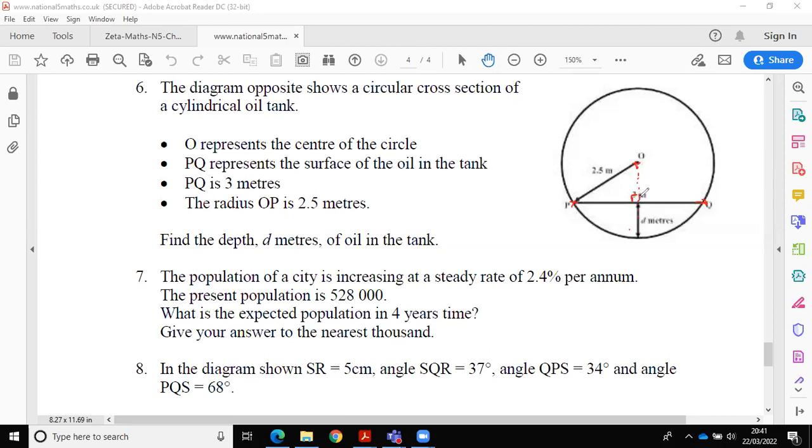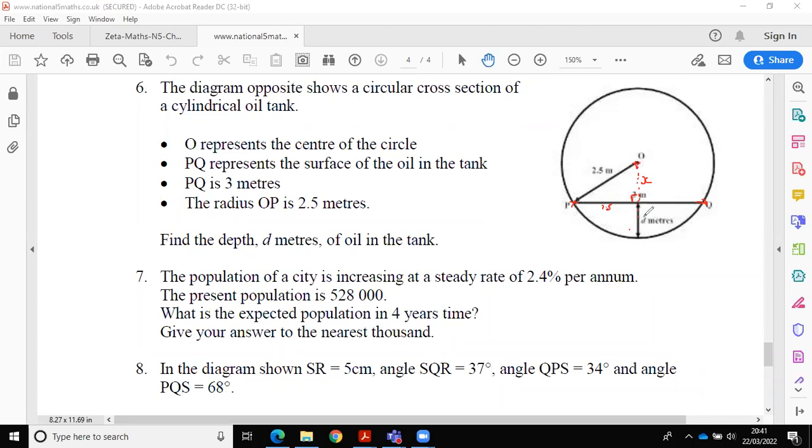The chord length was 3 meters. If we cut that in half, we're left with 1.5 and a right angled triangle. That allows us to find this side here, which I'll call X. With that side, we can see what's missing from the radius.